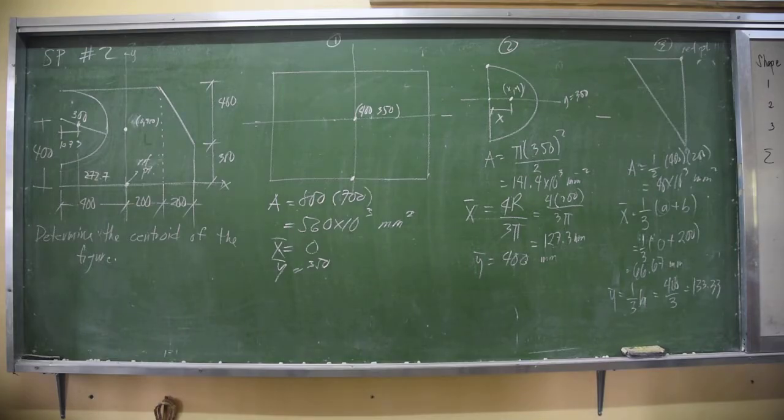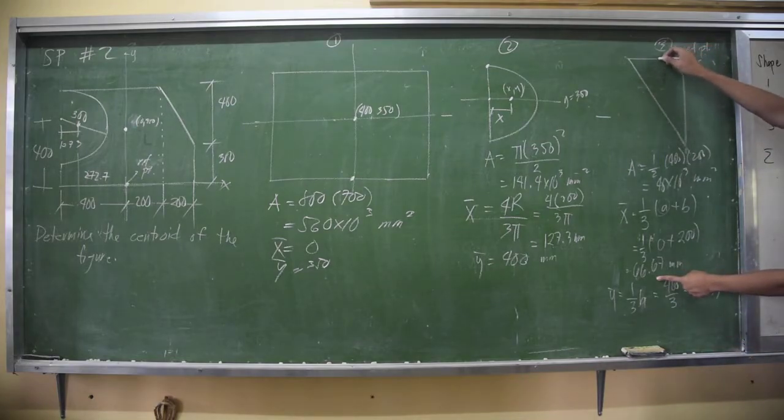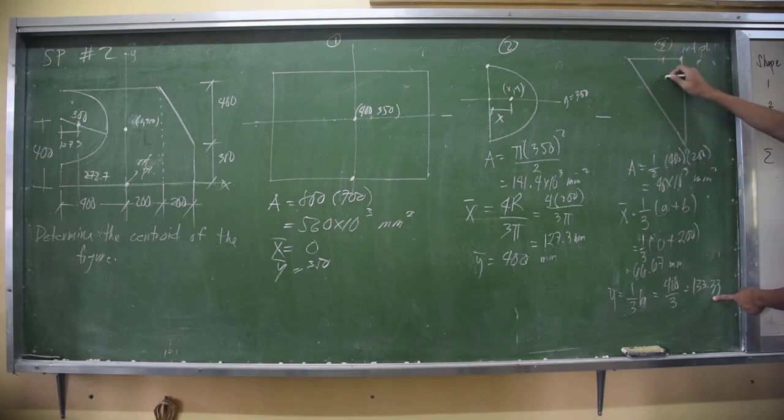Since this is our reference point, 66.67 here. So assuming this is 66.67, then 133.33. So this is the 66.67 then 133.33, if this is the reference point we are referring to.